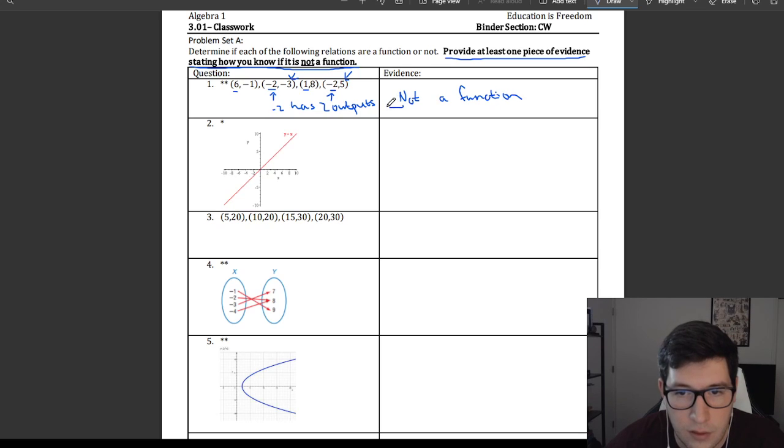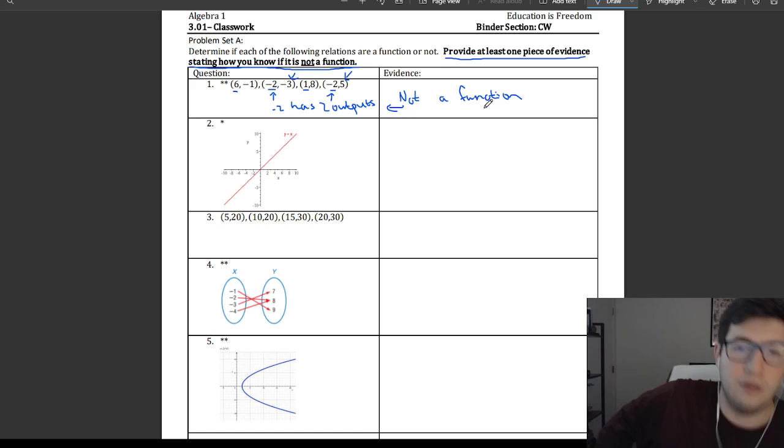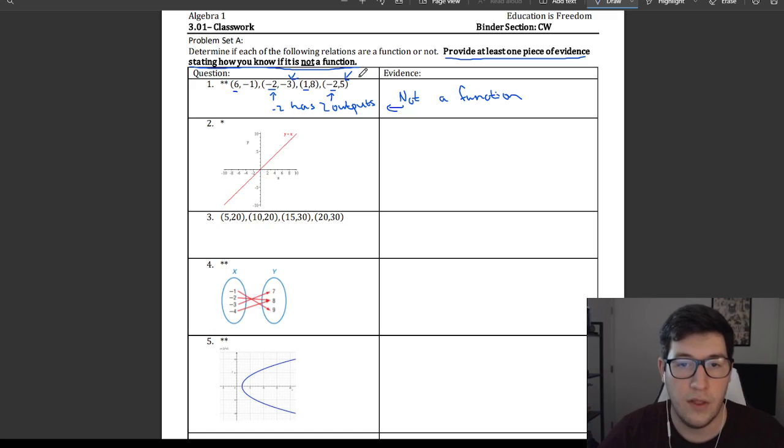And for my evidence, well, that's why: because -2 gets repeated and has two different values. Now, it's important to note, if this 5 were instead a -3, and they had just rewritten this point, it would still be a function, because it's just listing that same point twice, right? It's saying, hey, -2 still has the same output of -3. But because these are different, that's what's going to cause concern, and therefore this is not a function.